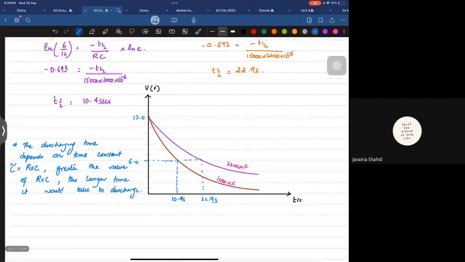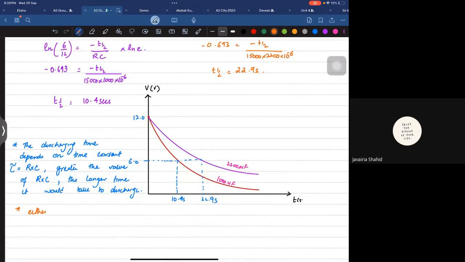So an important point here: either increase the value of resistance or capacitance to increase discharging time. Is it clear, everyone?